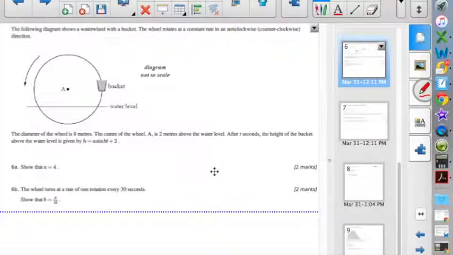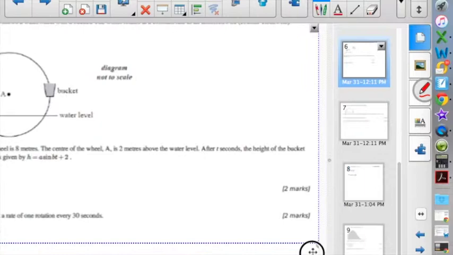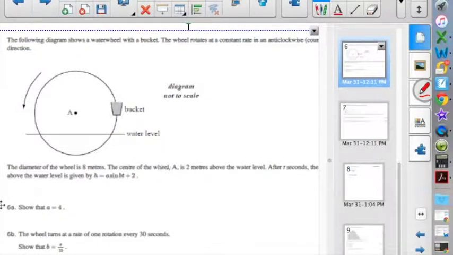After t seconds, the height of the bucket above the water level is given by H equals A sine of BT plus 2. Show that A equals 4. The wheel turns at a rate of 1 rotation every 30 seconds. Show that B equals pi over 15.